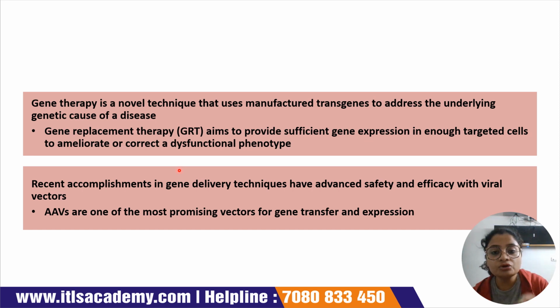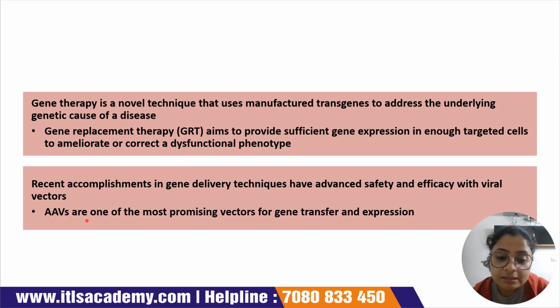Okay, so in order to correct or rectify any kind of dysfunctional phenotype, we need to accurately target the cells which need to be corrected in order to ameliorate that particular condition. Ameliorate means to cure or to treat.